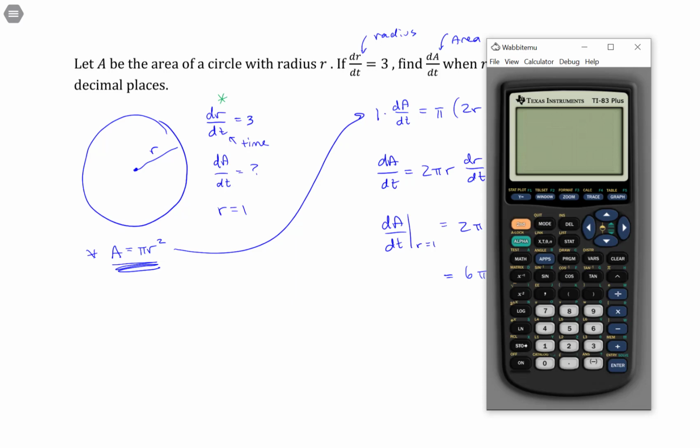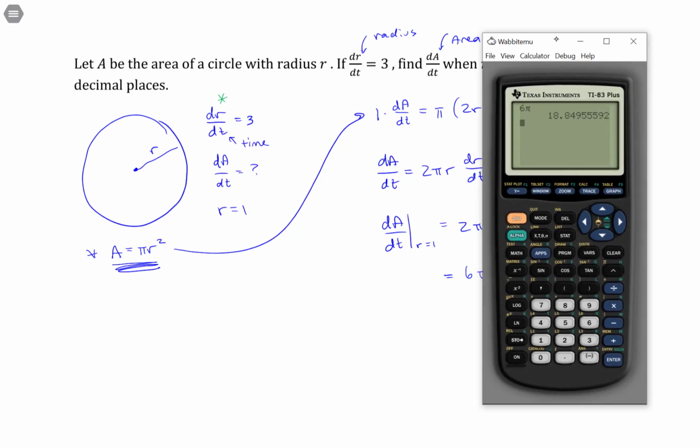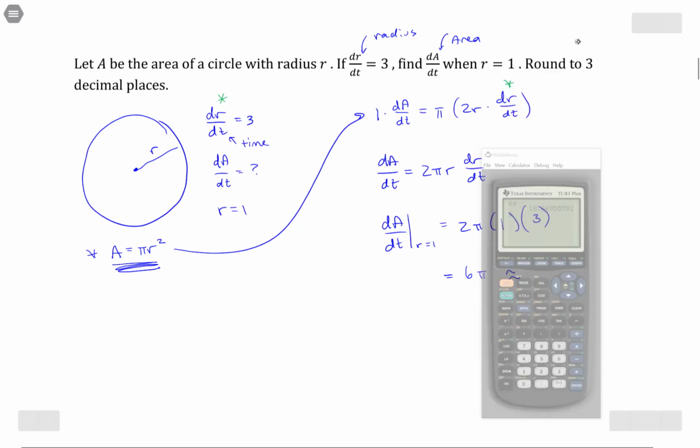Just use your calculator. And 6 pi is 18 point, how many decimals? 3, so 18.850.